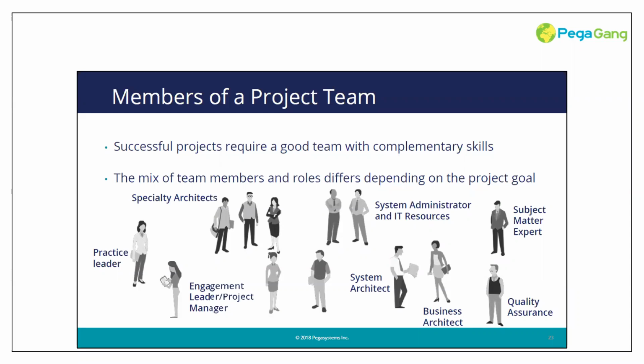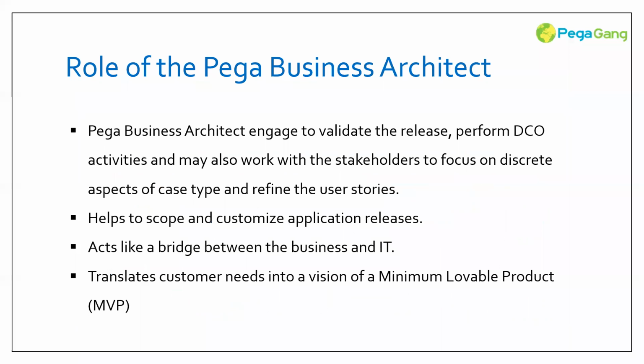And quality assurance are people who are responsible for testing the application and making sure that the code is defect free. So these are a few major members of the project team, and depending upon the requirement, we might add a few other architects in a specialty architects section.